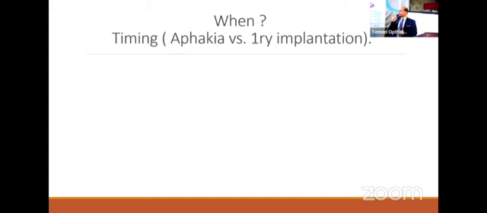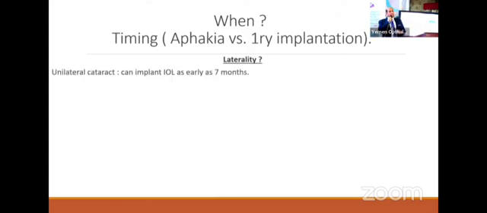So first of all, when to implant IOLs in pediatric cataract surgeries. Laterality is a very important point that will help you in deciding when to implant the IOL. If you have unilateral cataract surgeries, you can implant an IOL as early as 7 months old, according to the Infant Aphakia Study.